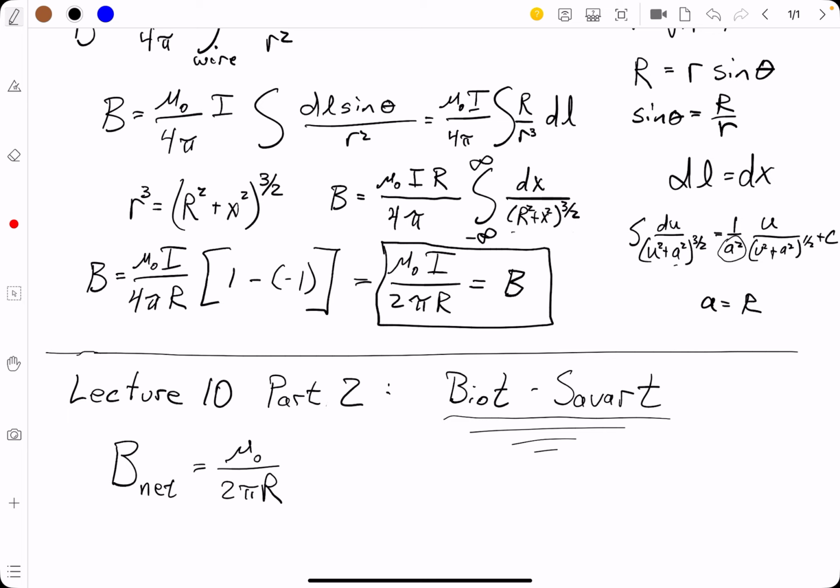What I could do instead of big R, let's do little r, because we want the distance away from whatever we are, and then, of course, the current that is going through it. So for one wire, that's what we've got, if we had just had one wire.